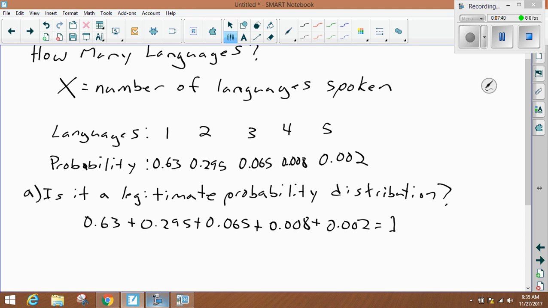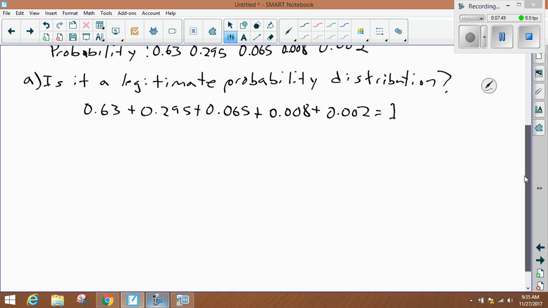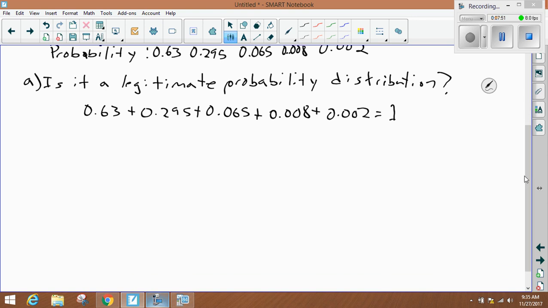Let's make a histogram of the probability distribution. Alright, so when we make this histogram, we will label our axes. This is probability.